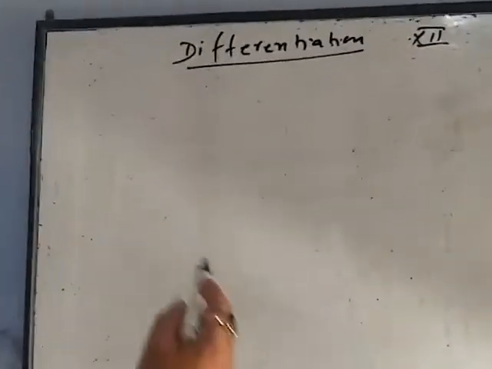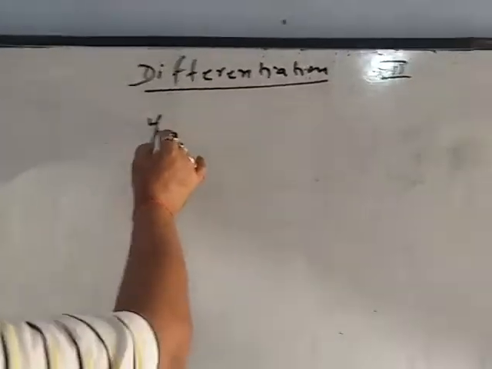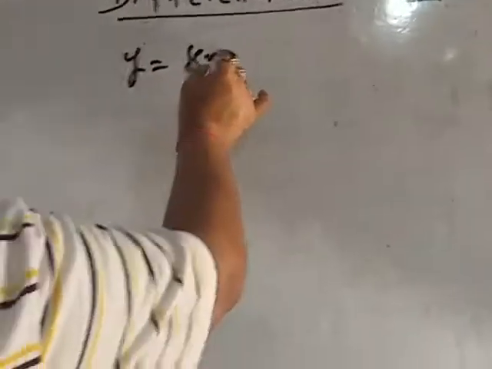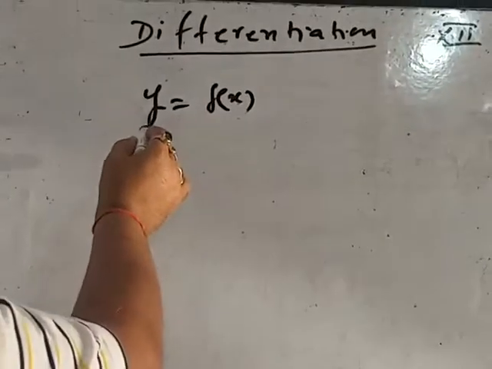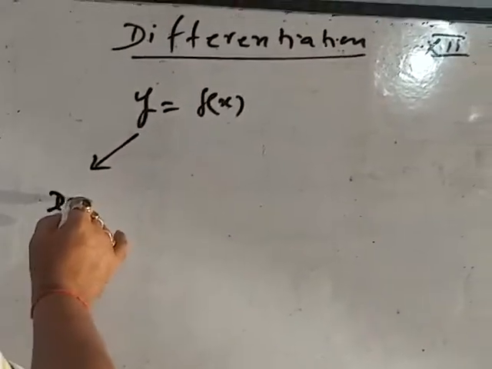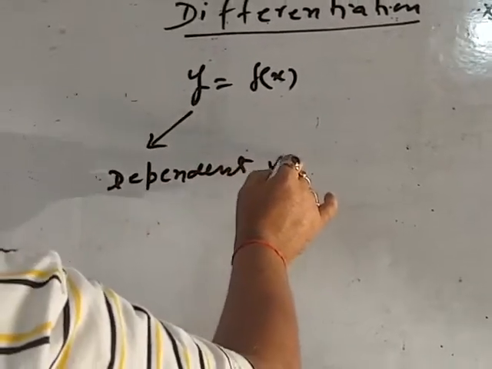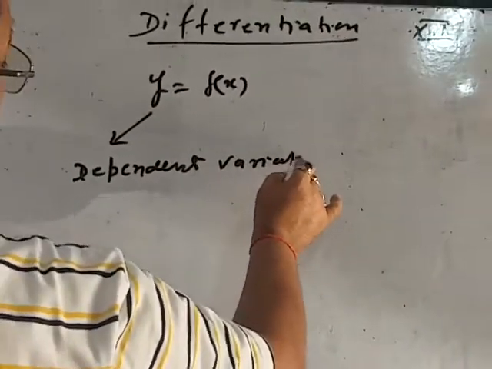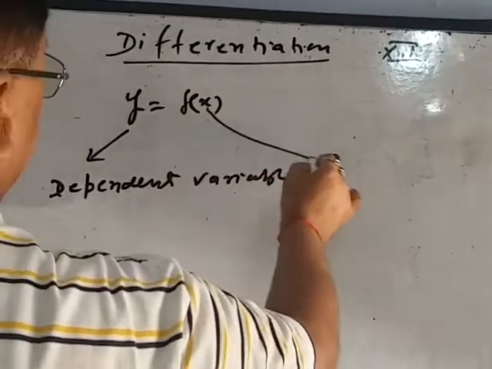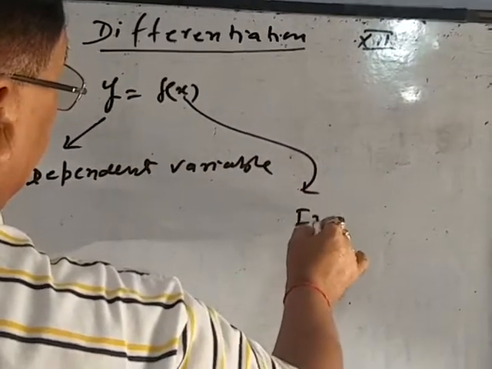As you know, students, dy by dx means here y is equal to f(x). Here y is called the dependent variable and x is called the independent variable.